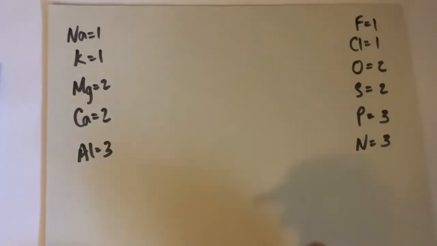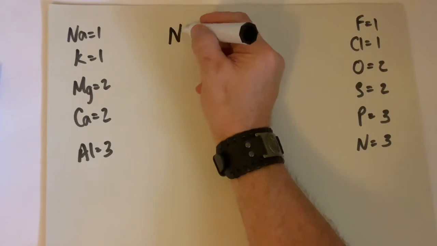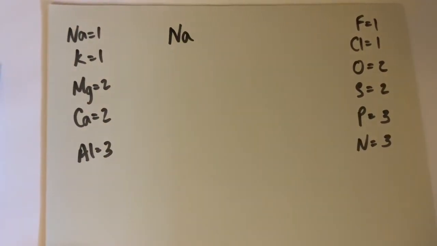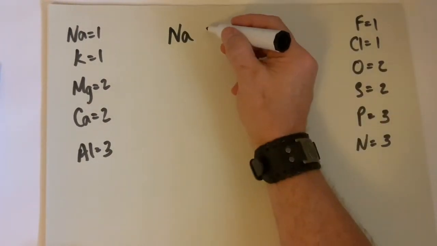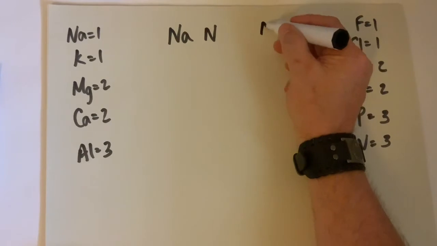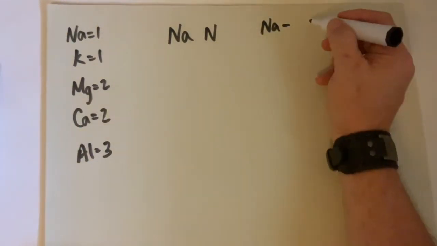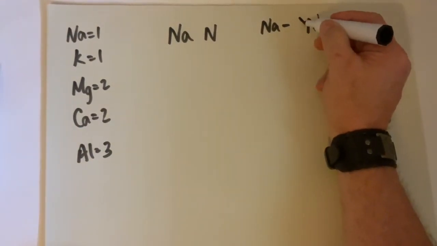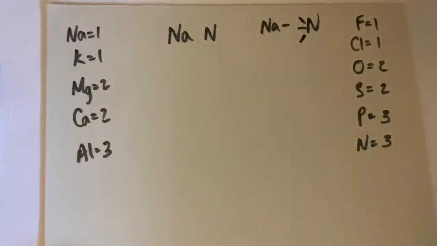Here are a few to have a look at. If we take sodium and want to react it with nitrogen, then if we do it by drawing, you would have sodium, one arm, nitrogen, 3 arms.